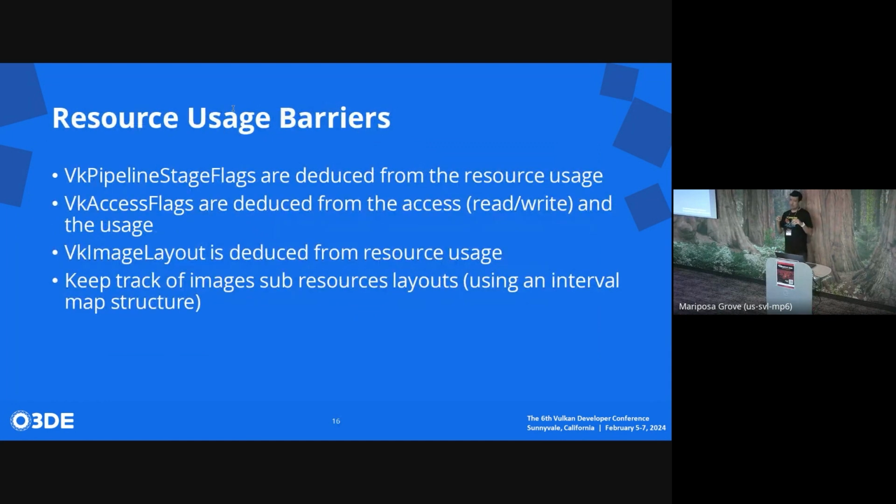So the first synchronization that we're going to generate are variables that are derived directly from the usage that a pass declared. So if a pass says I'm going to use a render target resource X, that's going to generate a variable for that resource. The pipeline state flag, the access, and the layout, they're all deduced from the usage and the access.